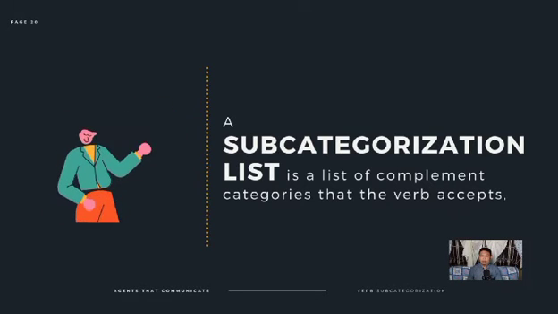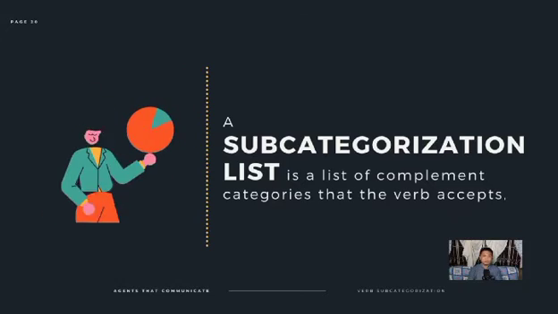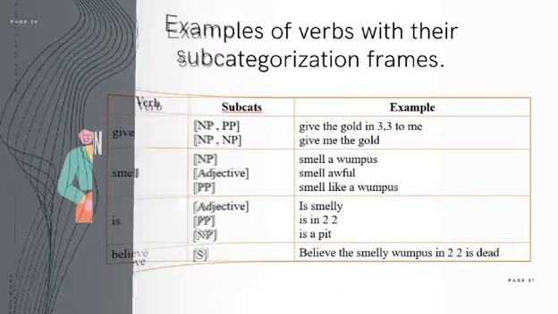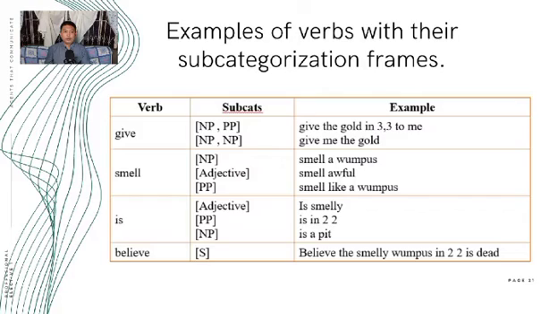The next slide gives us some examples of verbs with their subcategorization lists, or subcats for short. As you can see in this slide, you can see an example of verbs with their subcategorization frames.